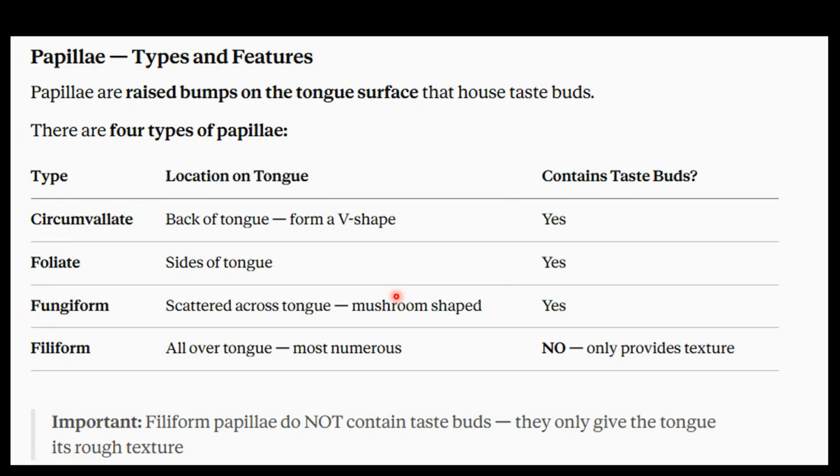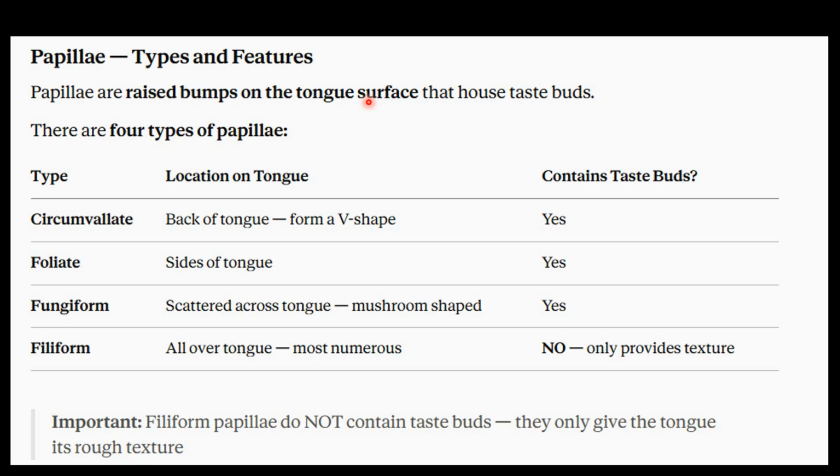Now moving ahead, we'll talk about a few important terms like papillae and taste bud, because we should know these. Papillae are raised bumps on the tongue surface that house taste buds. This is the surface where the taste buds are present. There are 4 types of papillae. First is circumvallate, at the back of the tongue, which forms a V shape, and it contains taste buds.